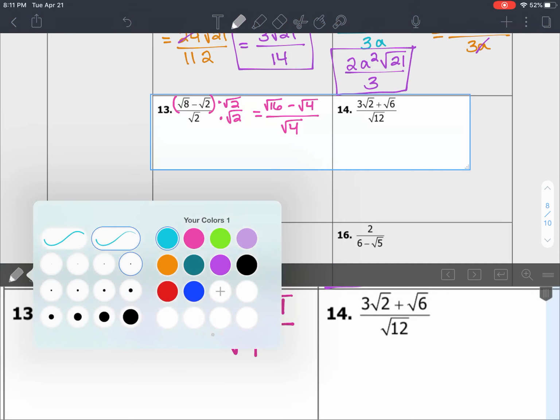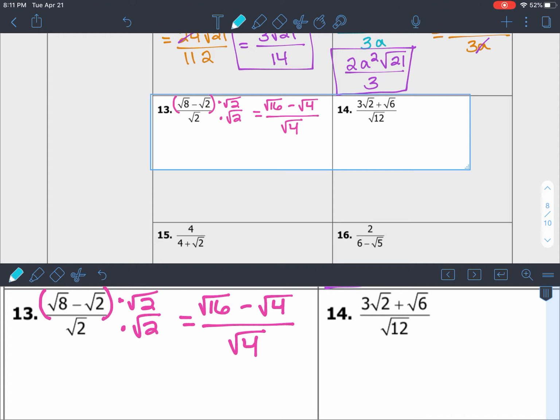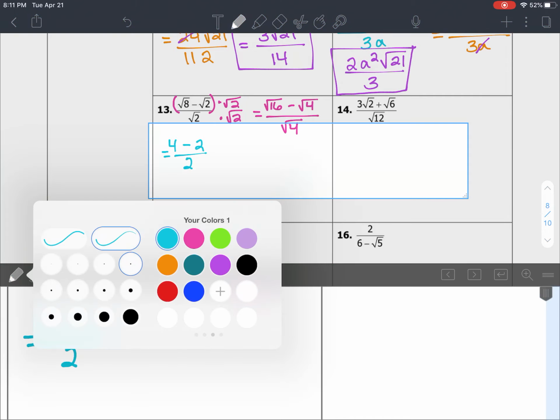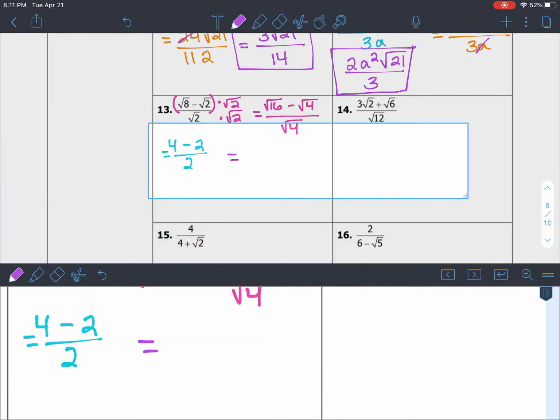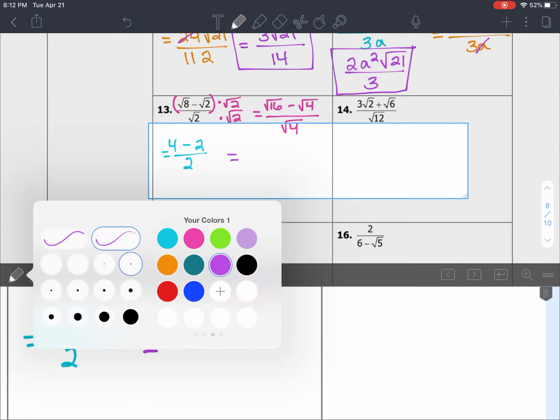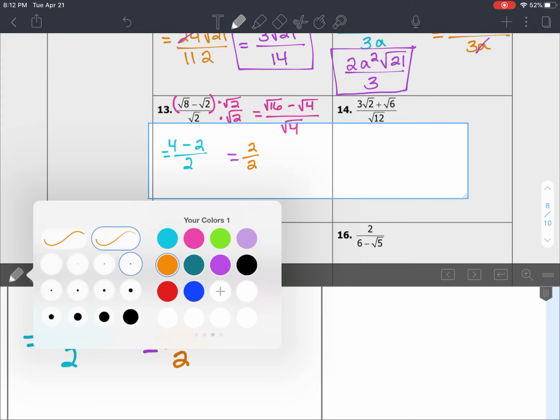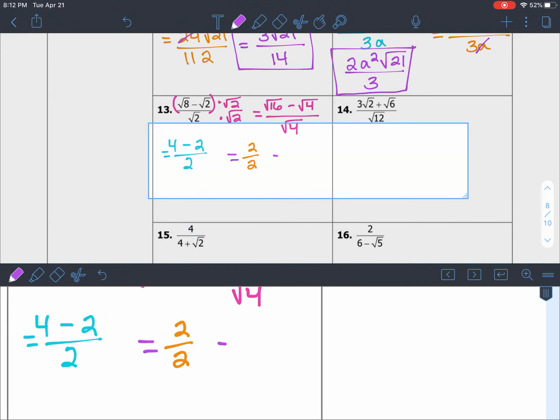Because all I did was multiply all of those things into their places. So if I simplify, the square root of 16 is 4. Square root of 4 is 2. All over the square root of 4, which is, again, 2. And then I can just do some simple math here. So 4 minus 2 is 2 divided by 2. So my answer here is just 1.